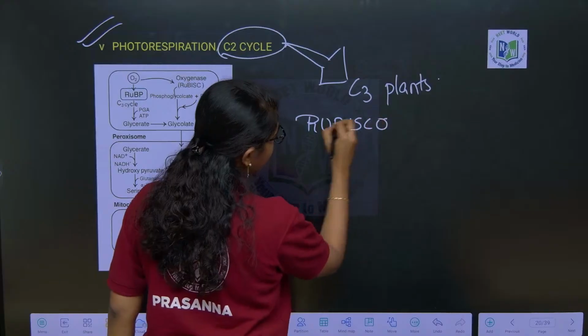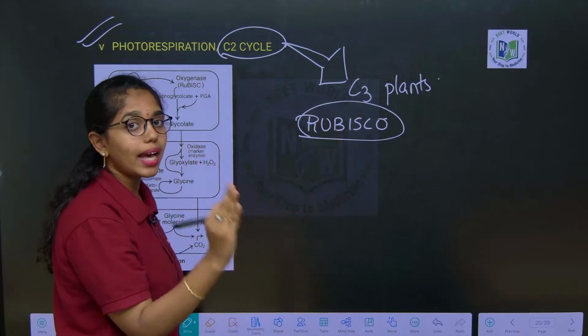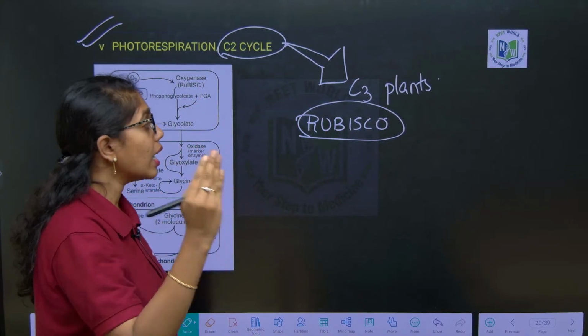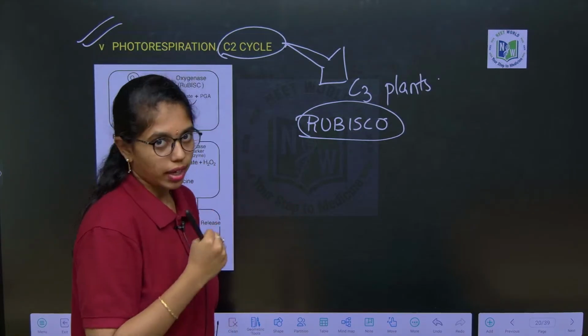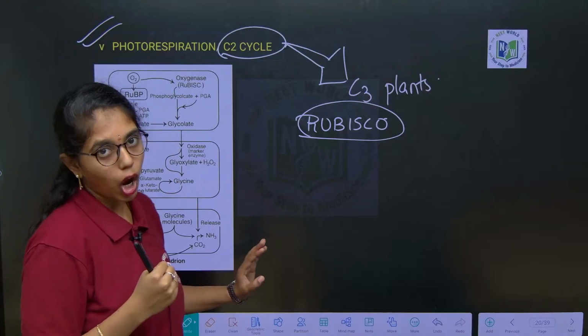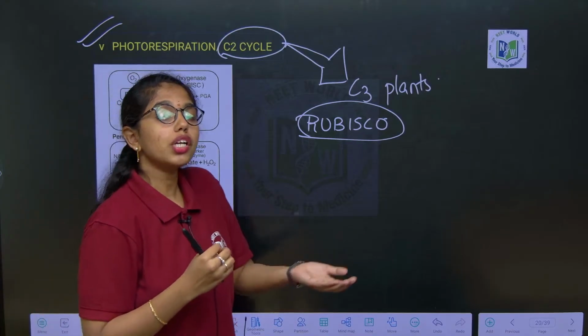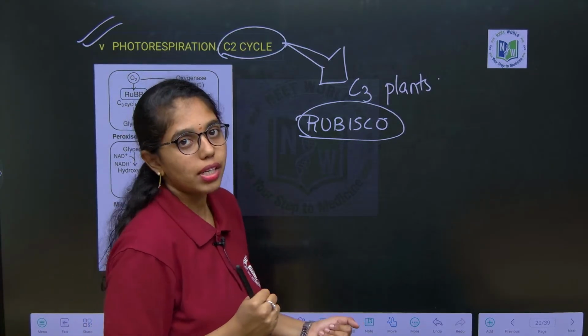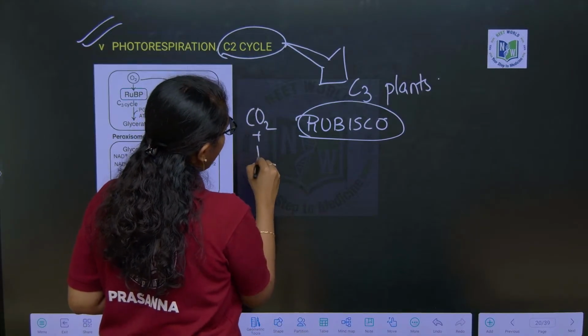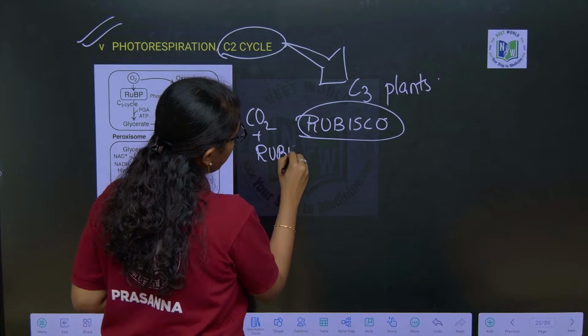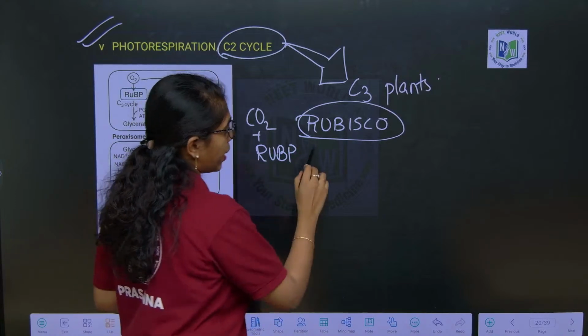Rubisco has equal affinity of binding for carbon dioxide and oxygen. Actually more affinity for carbon dioxide and a little less for oxygen. But whenever oxygen concentration is more at the intracellular level, carbon dioxide will be accepted by the primary carbon dioxide acceptor, that is RuBP.